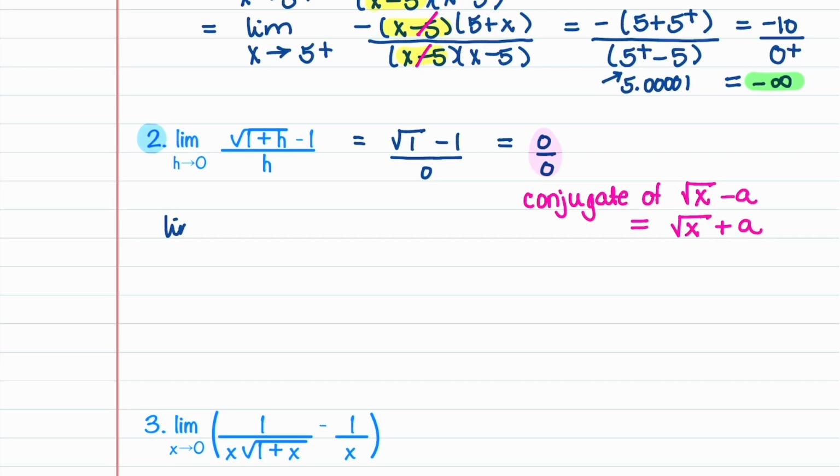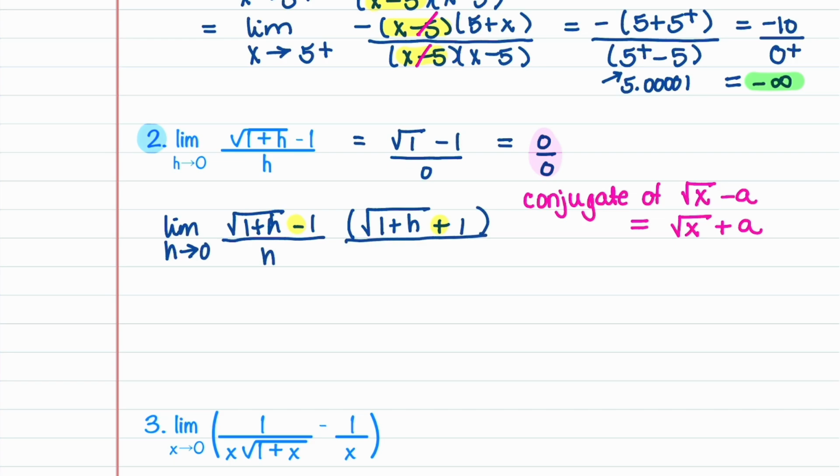We're going to take the limit as h goes to 0 of the square root of 1 plus h minus 1, all divided by h, and we're going to multiply it by the conjugate. The conjugate is going to be the square root of 1 plus h plus 1. All we're doing is changing this sign.